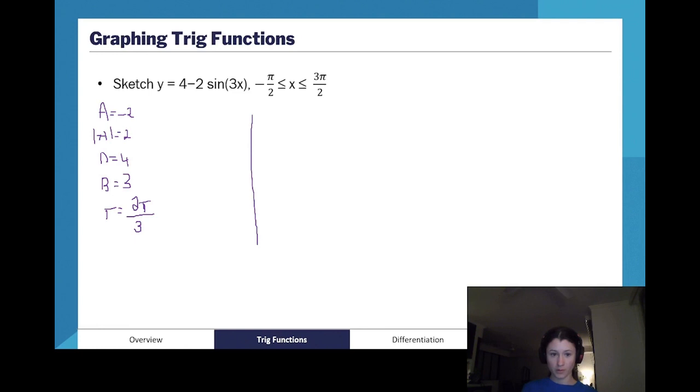Negative pi on 2. So if this is y, this is x, right? We know that our equilibrium line is going to occur at 4.